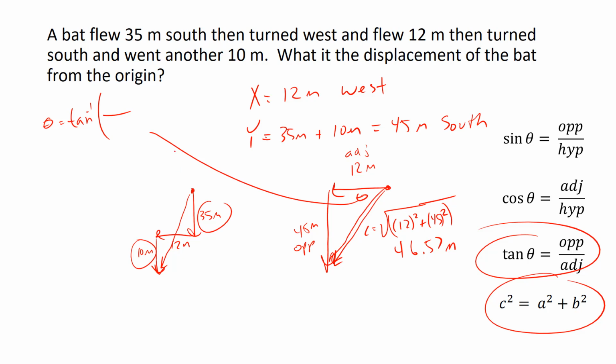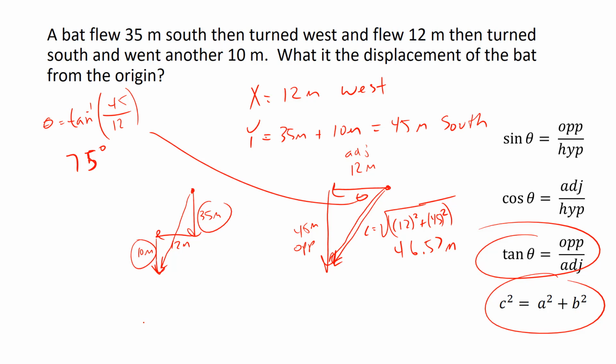So once again, from last lesson, our opposite was 45, our adjacent was 12. On my calculator, second tangent will get you the inverse tangent of 45 divided by 12. Get your answer, and I have 75.06 degrees, so I'll just keep that at 75 degrees.